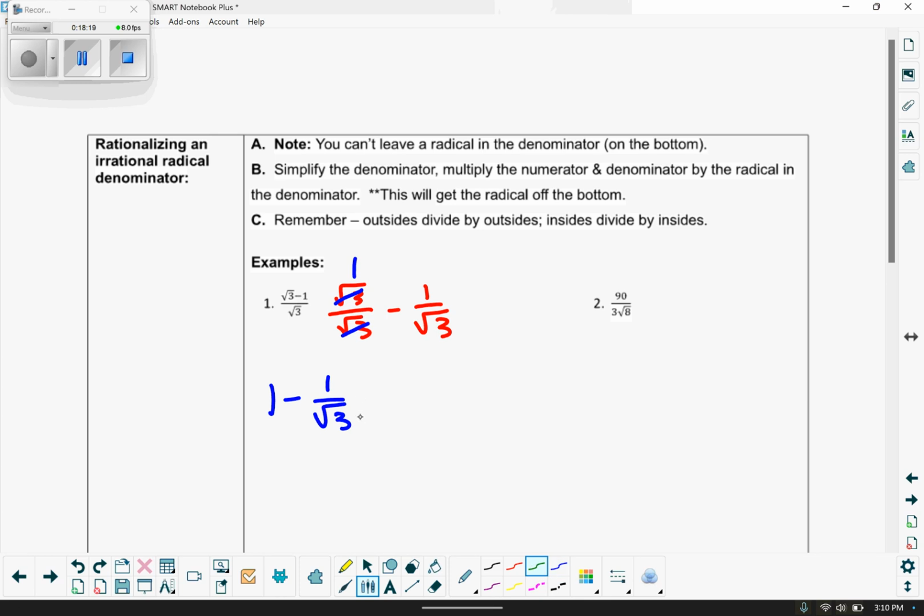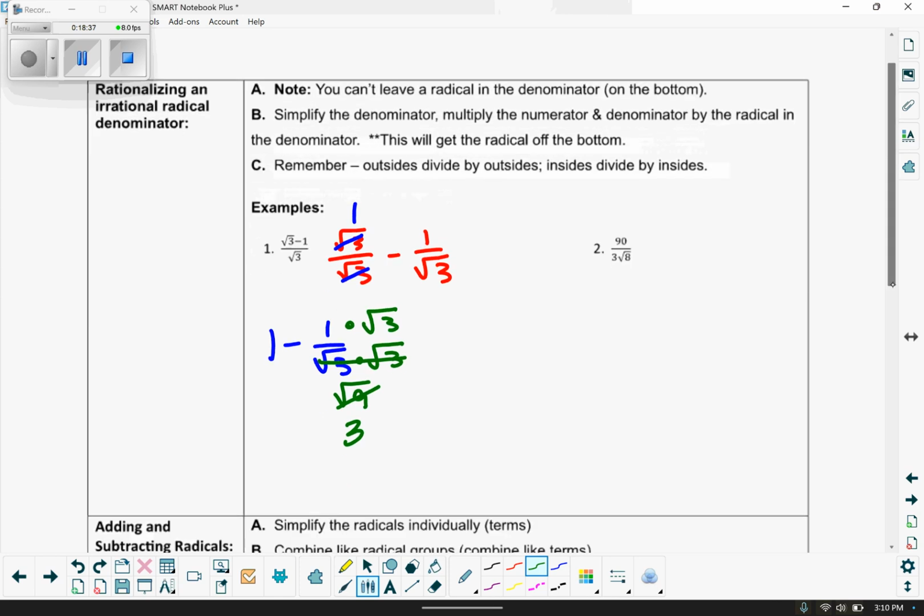If I multiply both the top and the bottom by radical 3, on the bottom I'll end up getting square root of 9 because 3 times 3 is 9, and the square root of 9 is 3. So now I've rationalized the bottom, and my answer is going to be 1 minus radical 3 over 3. You can put the 1 there if you want to, 1 radical 3.